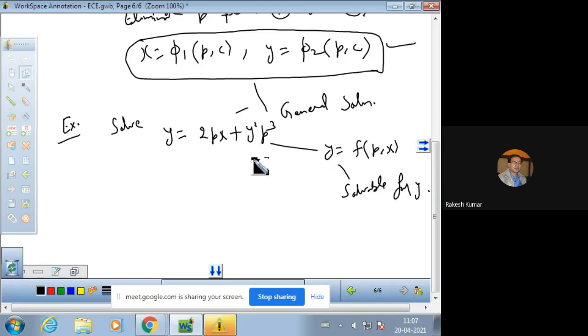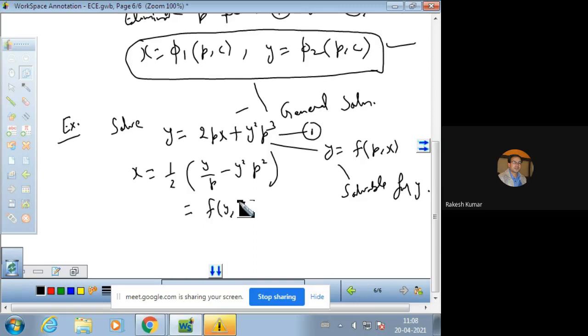You can apply the method solvable for y, but we are doing the method of solvable for x. So for this, x should be a function of y and p, and that will be y upon p minus y square p square.